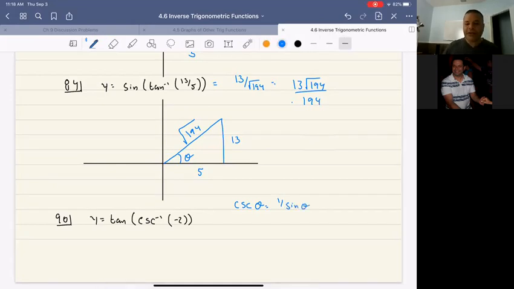So I could think about this as y equals the tangent of the sine inverse of, if cosecant is -2, then sine is -1/2. Now it's negative and it's sine, so that means I'm going to draw it in the fourth quadrant.